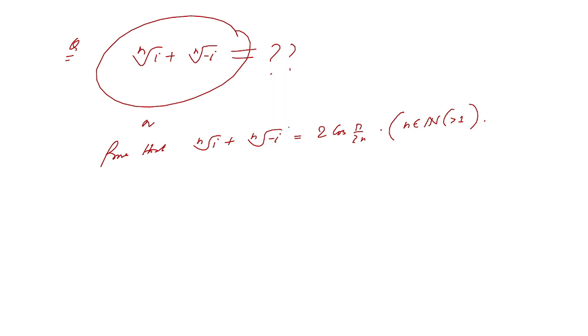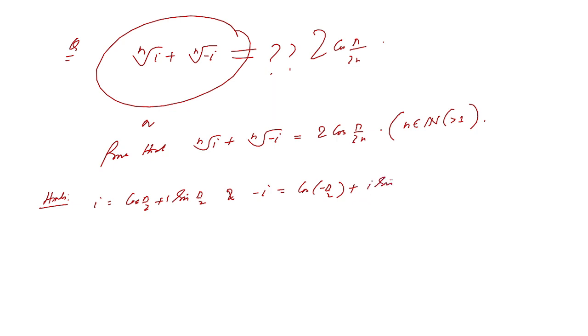So how will you prove it? Obviously from this statement the value will be 2 cos pi by 2n. How? As a hint, or a short proof, we can write i as cos pi by 2 plus i sine pi by 2, and minus i as cos of minus pi by 2 plus i sine of minus pi by 2.